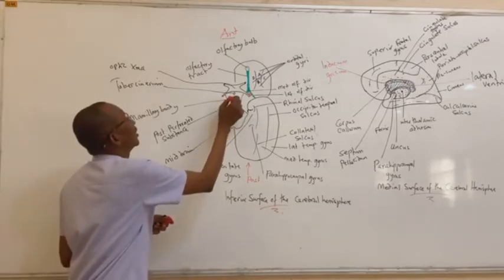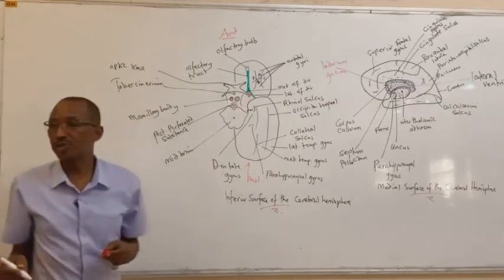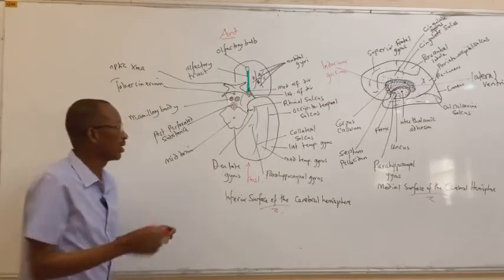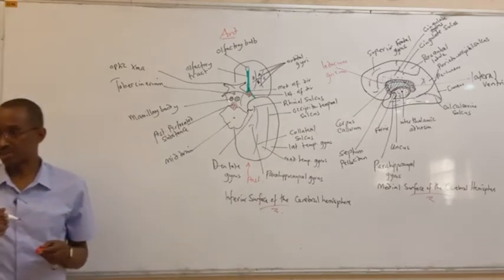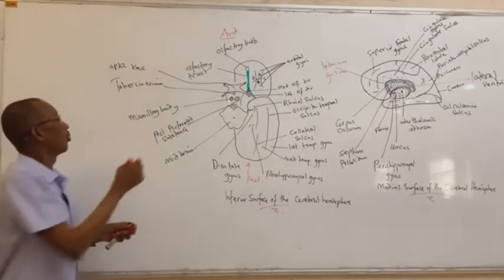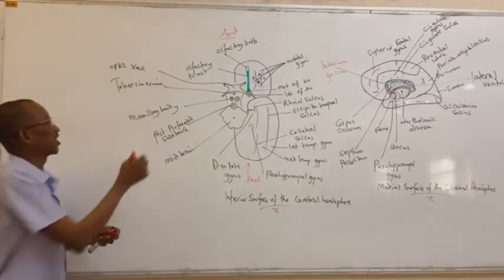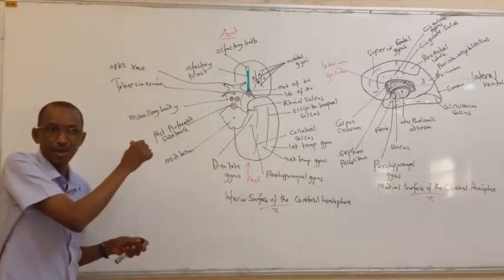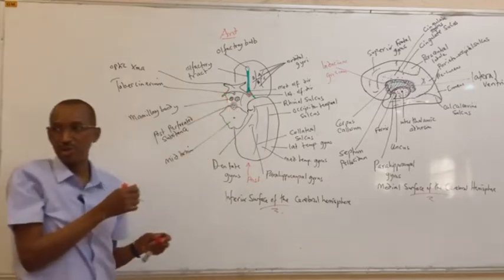This area behind the two mammillary bodies at the inferior surface of the cerebral hemisphere is what we call posterior perforated substance. Why? Because it is perforated by small arteries going into the substance of the cerebral hemisphere.